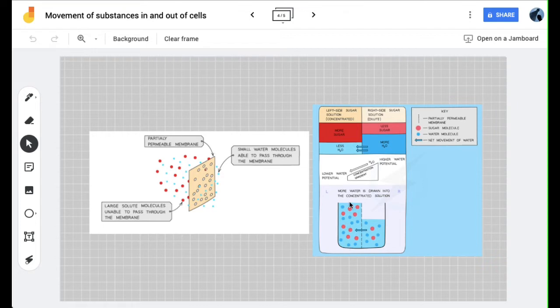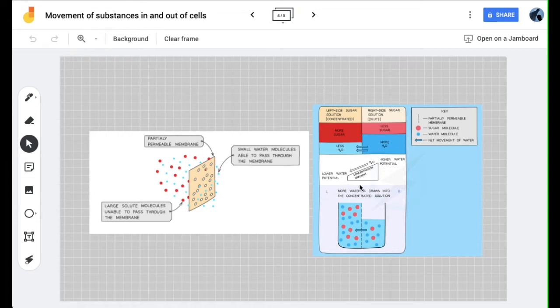On this side, there will be more sugar and less water. And on this side, there will be more water, less sugar. So what will happen to this? Water will move through the left side because of the greater water potential.